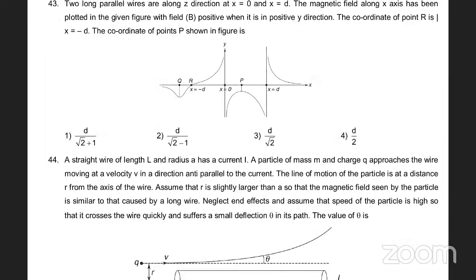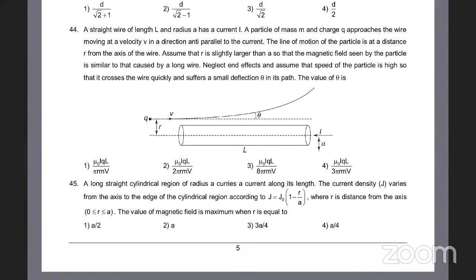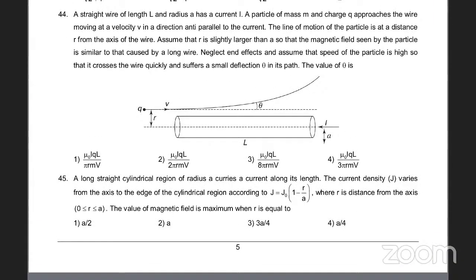This is also a very, very important question. The next question is: a straight wire of length L, radius A, has current I. A particle of mass M and charge Q approaches the wire, moving with a velocity v in a direction anti-parallel to the current.